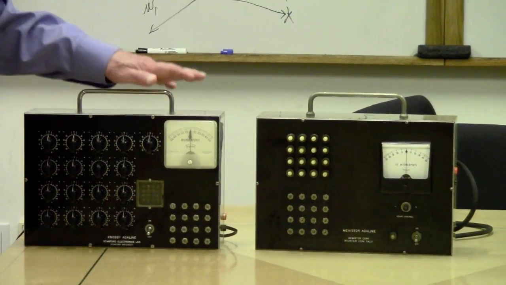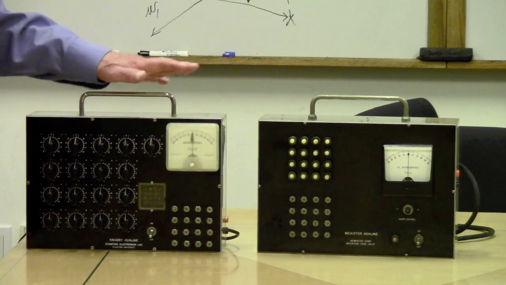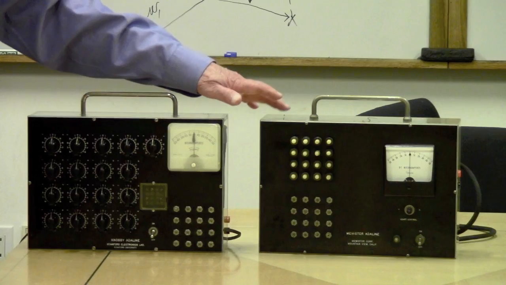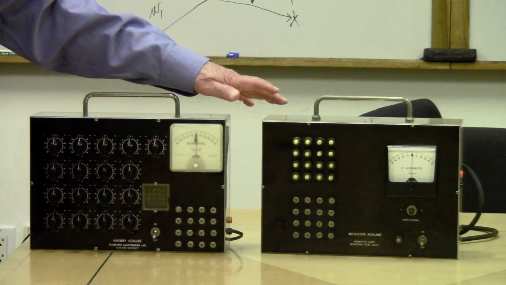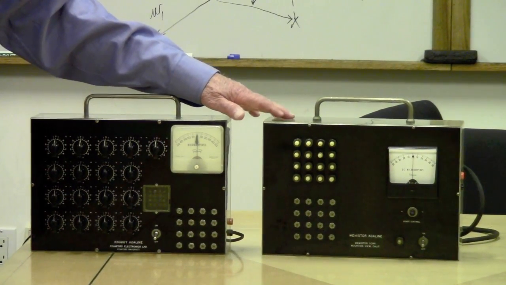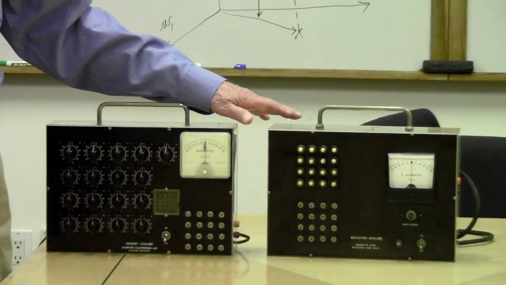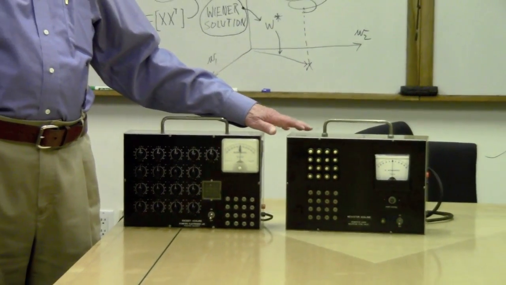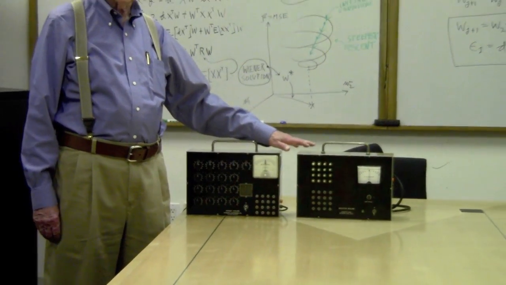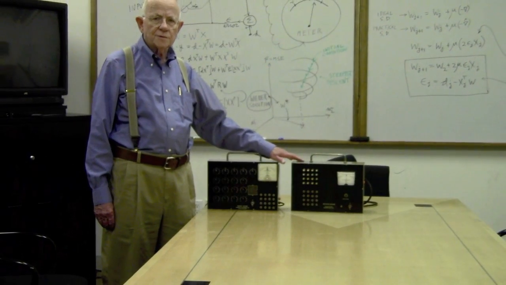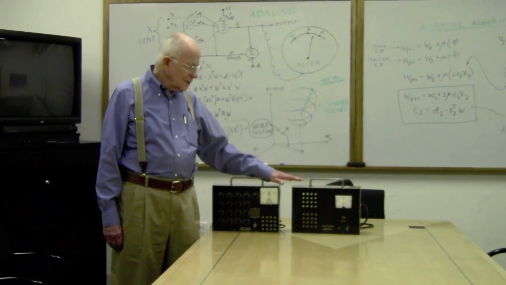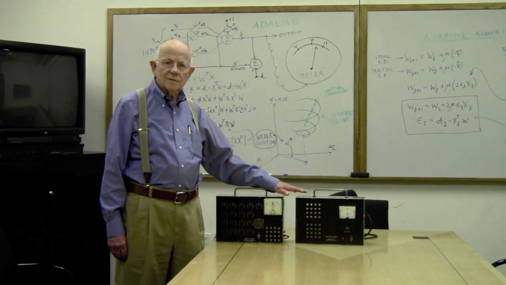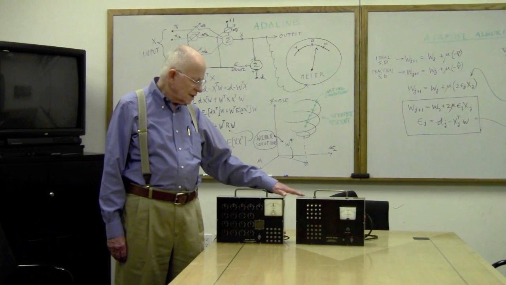Amazingly, they still work. These are trainable, single adaptive neurons. And they're both trainable with the LMS algorithm. LMS stands for least mean square. So we'll talk about least squares solution, Wiener solution, all sorts of things that have to do with this kind of adaptation.